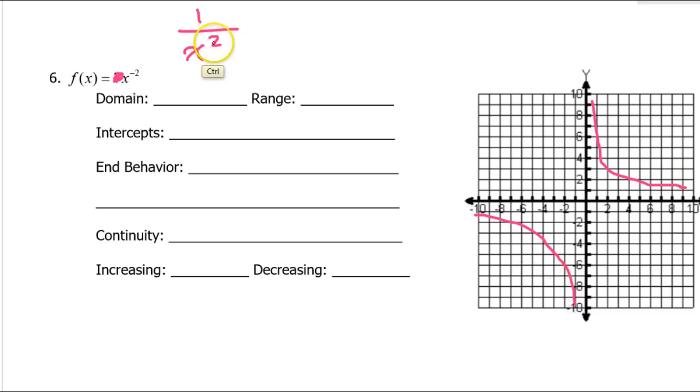But because this is even, this is going to be a limitation. Either it's going to stay above the x-axis, or I will only keep the part to the right of the y-axis. Which is it? Well, this 2 is like having 2 over 1. So this 2 is in the numerator of the exponent.